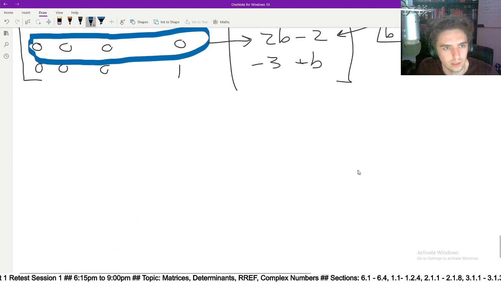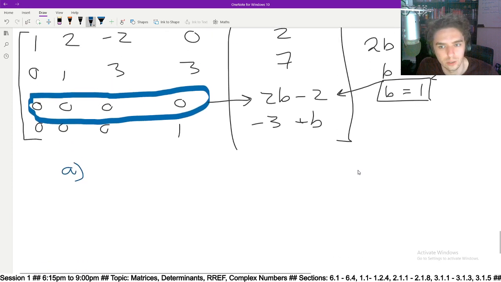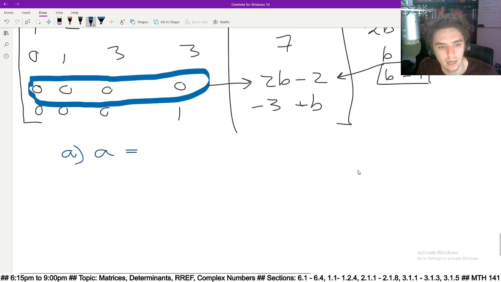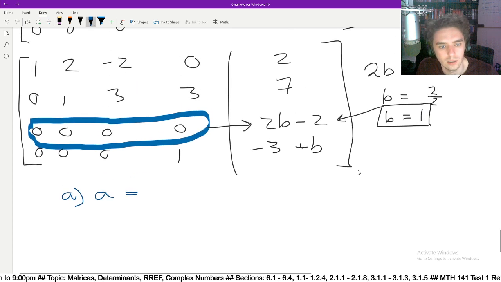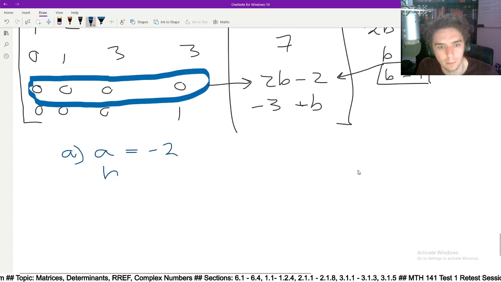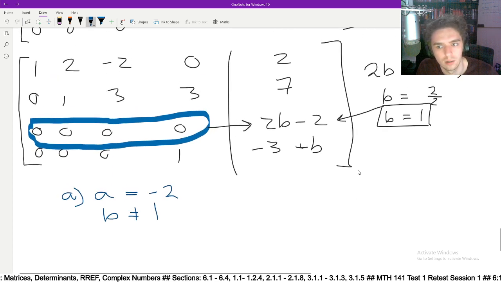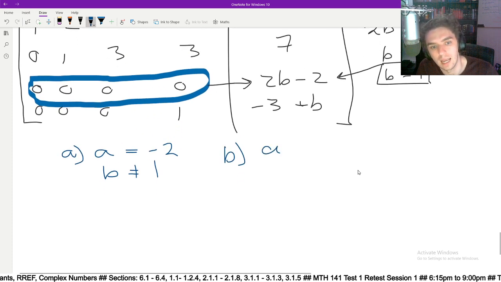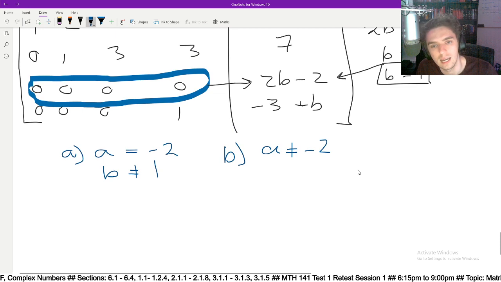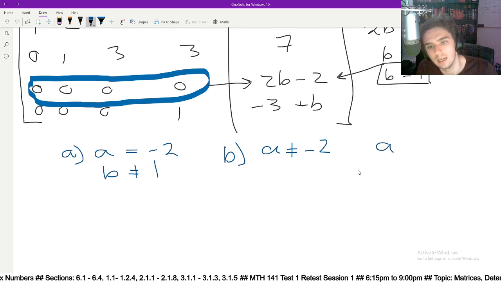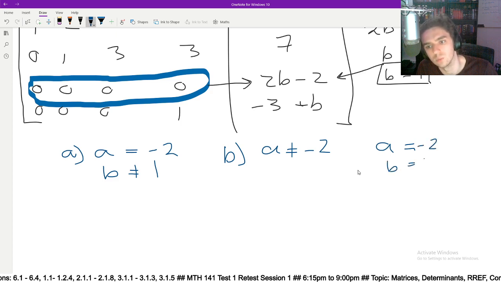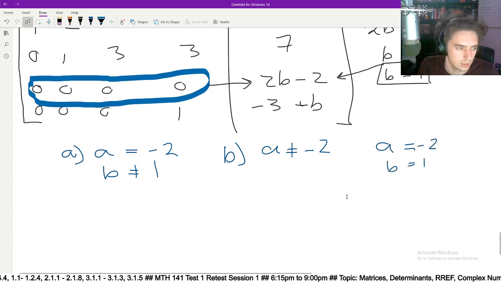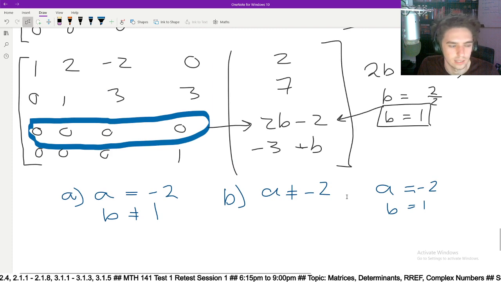I read the question wrong. So A, no solutions. When are there no solutions? When A equals -2 and B does not equal 1. There's no solutions. B, one solution, that's when A does not equal -2. And infinite solutions is when A equals -2 and B equals 1. And then there's infinite solutions. Okay, there's that answer for that one.